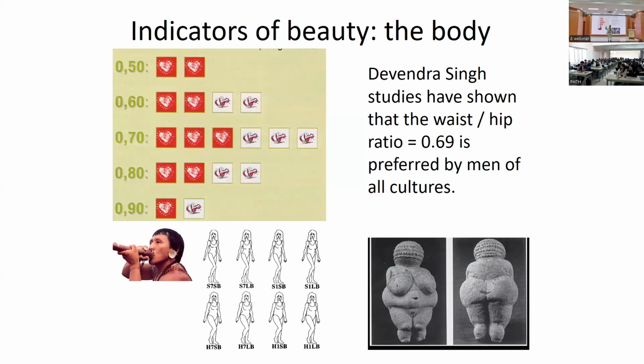The top part of the body, the breast, changes according to the culture, according to the timing, but the waist to hip ratio is always constant, always the same. It is considered the most sexy one, the closest to the ratio 0.7.